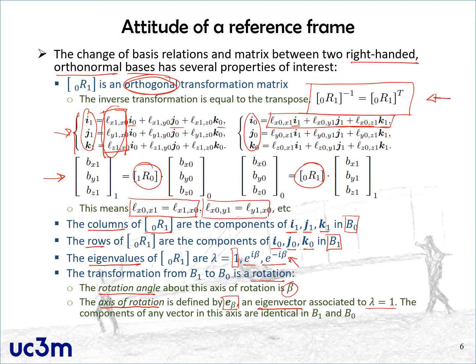Interestingly, any vectors in this subspace, the subspace defined by E beta, are vectors that have components that are numerically the same in B1 and B0, okay? Essentially, if you think of the transformation matrix as a rotation, all the vectors on the rotation axis are basically not affected by the rotation, so they remain the same after the rotation.